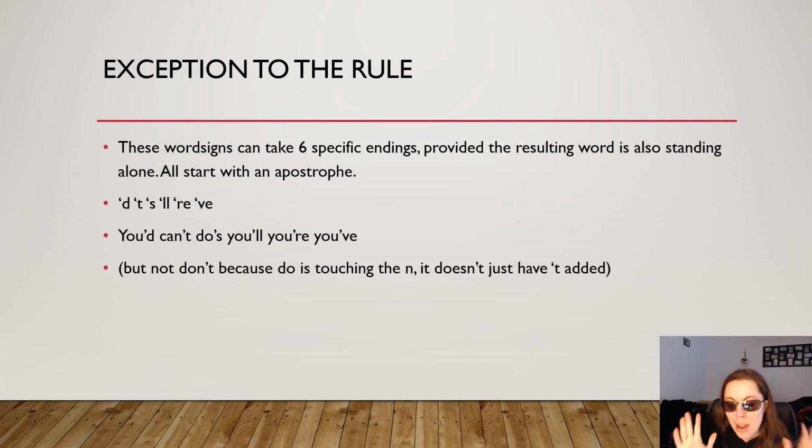All right, so in Braille, whenever you learn a rule, there are going to be exceptions to the rule, and you've got to learn those exceptions too. Word signs can be used when they're standing alone.